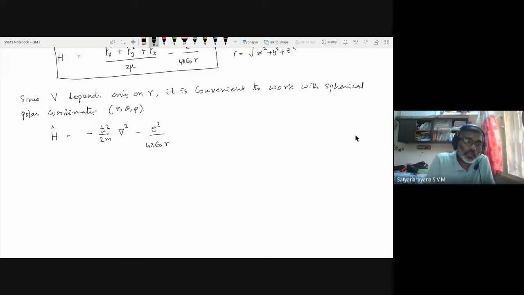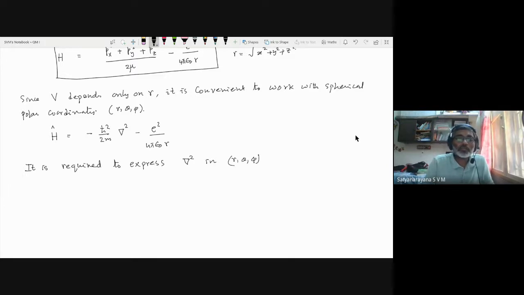So it is important, it is required to express this del square in the derivatives of r and theta.